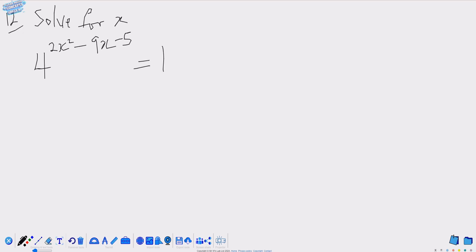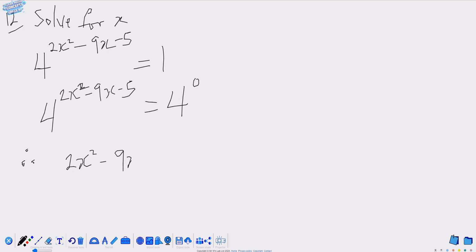And since when you see a question that has equality, they want you to equate both sides, you can write 1 as 4 raised to power 0. That is 4 raised to power 2x squared minus 9x minus 5 equals 4 raised to power 0. Then you equate the powers because the bases are now the same.